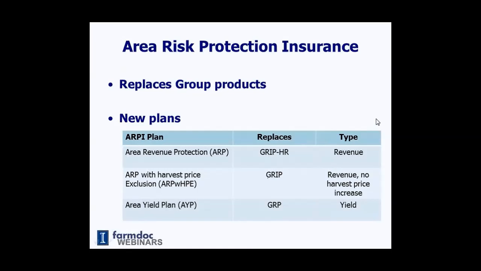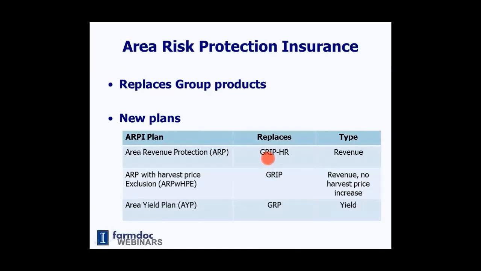Those three are analogous to RP, RP with harvest price exclusion, and YP. The A, in this case, means it's based on county level yields rather than farm level yields. Area risk protection replaces GRIP HR.